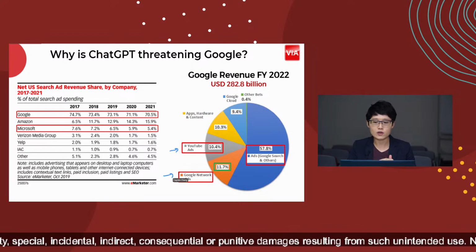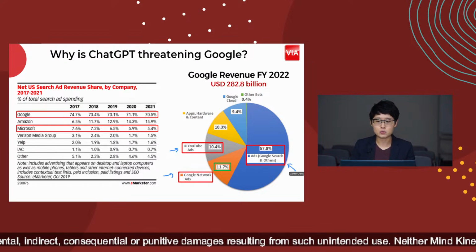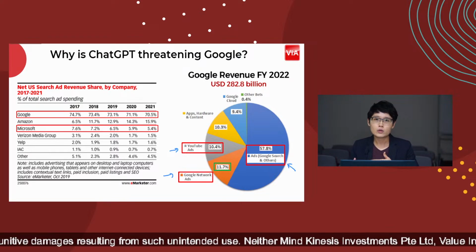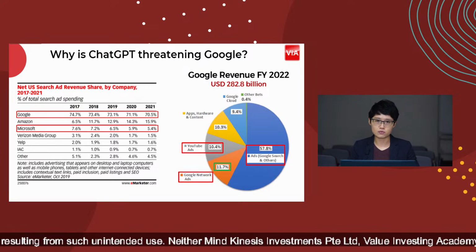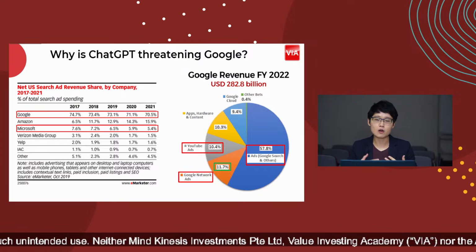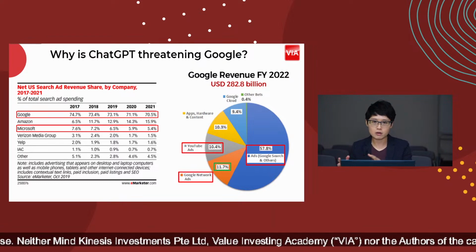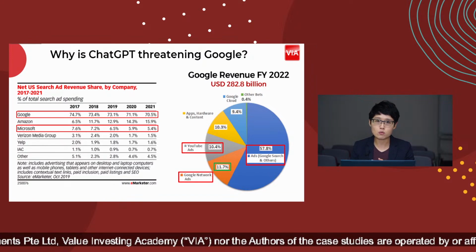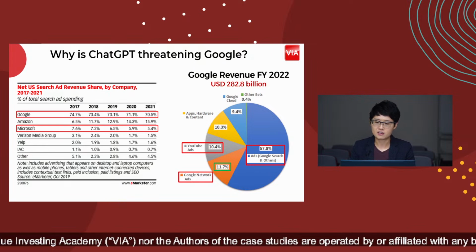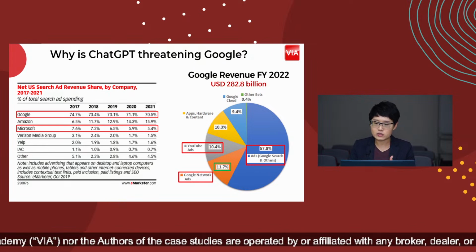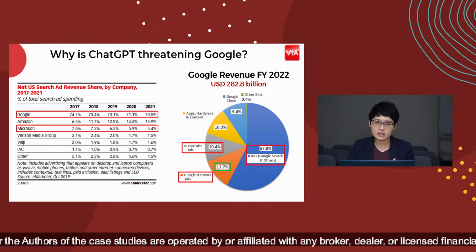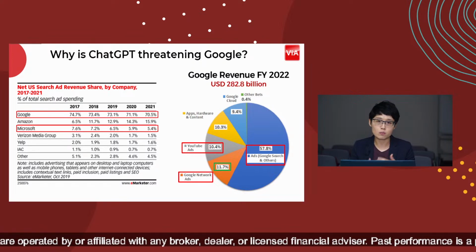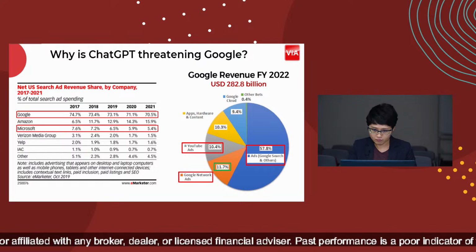Because ChatGPT allows people to do their research or search in a much faster manner, which one will people consider using in the future? If a lot more people consider using Bing or some other Microsoft products, will this revenue be affected? Definitely, right? That is the reason why Google management suddenly sent out code red and decided to do something about it to prevent the company from losing more revenue.